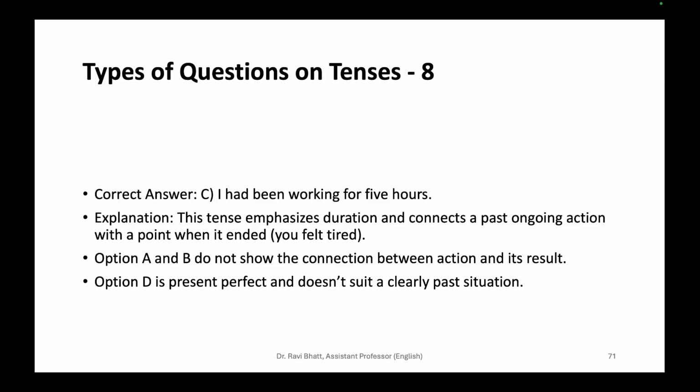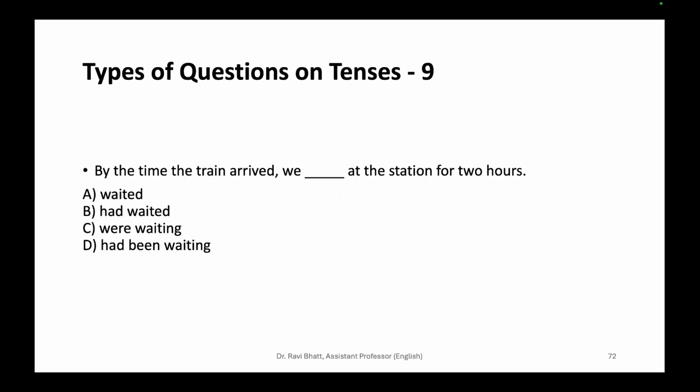Okay, that is, you felt tired. So, options A and B do not show the connection between action and its result, whereas option D is present perfect and clearly doesn't suit a past situation. So, the correct option would be I had been working for 5 hours.